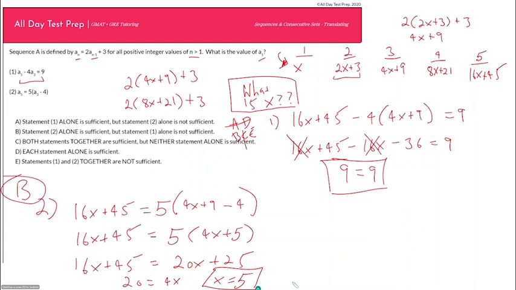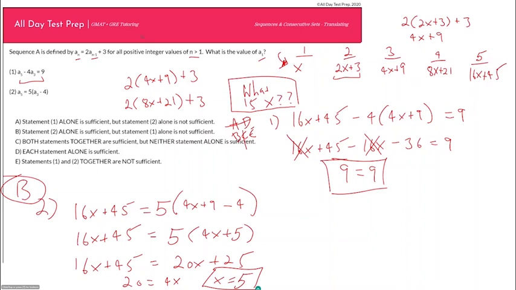This will only be true when the first term in our sequence is equal to 5, which is what makes it sufficient. So take note of something. This is one reason why I think sequences are not as complicated as people think, especially on data sufficiency questions. Even though we only wrote out the first 5 terms in our sequence, you can probably tell from this pattern that every single term in our sequence can be put in terms of x.